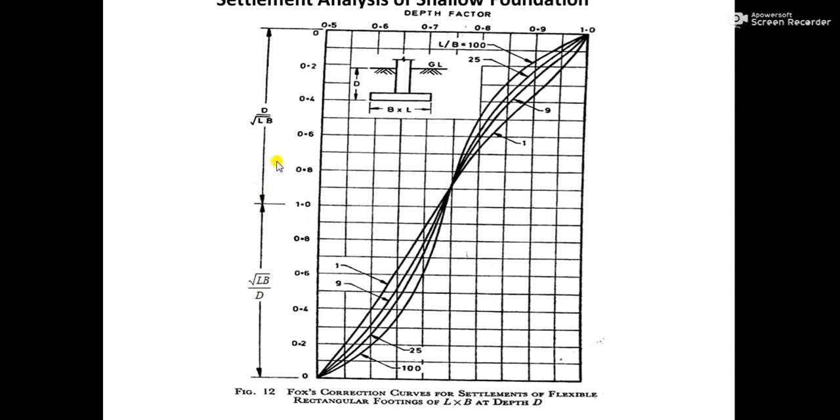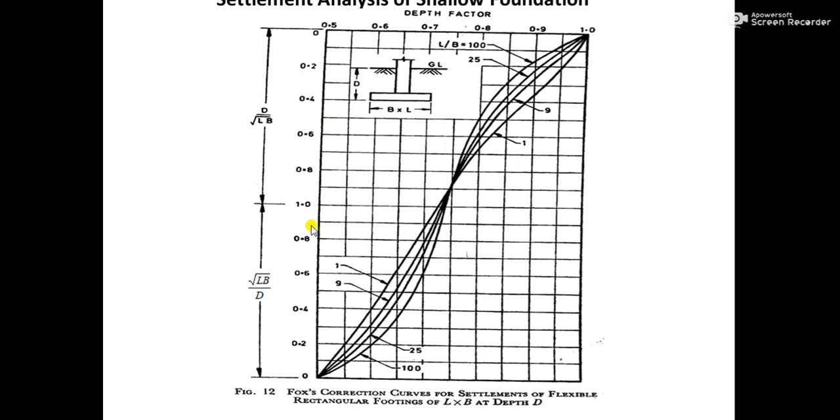Basically, if you get the value of d root over of LB between 0 to 1, then you use the values from the upper portion of the curve. If, according to the dimension and depth of your footing, you are not getting the d root over of LB value between 0 to 1, what should you do?